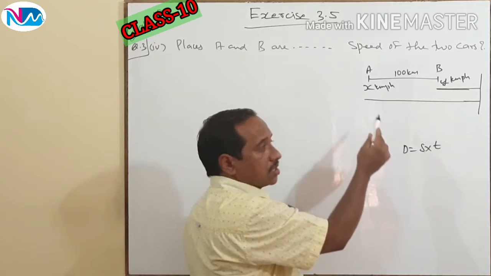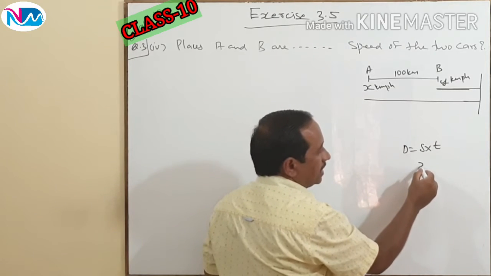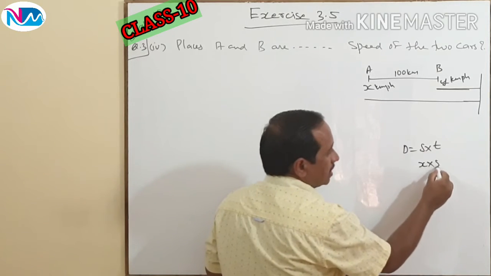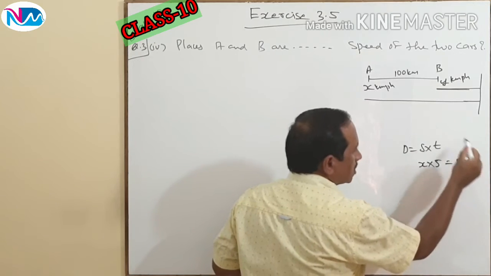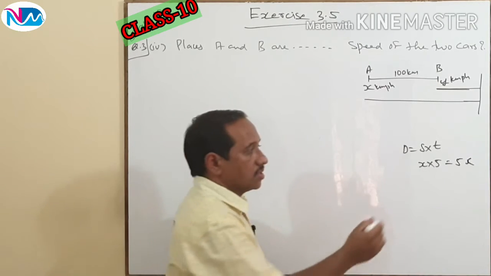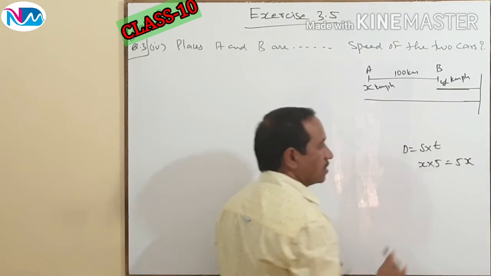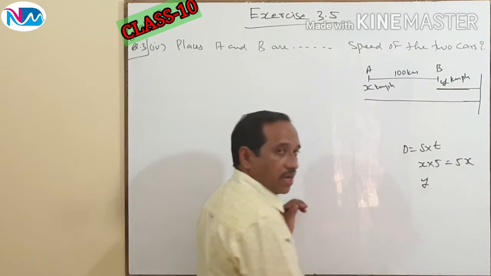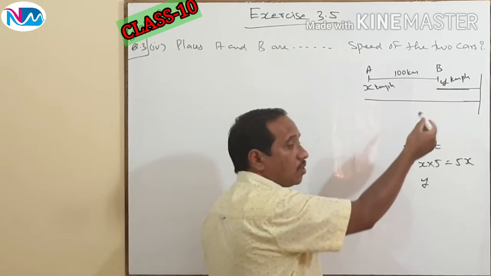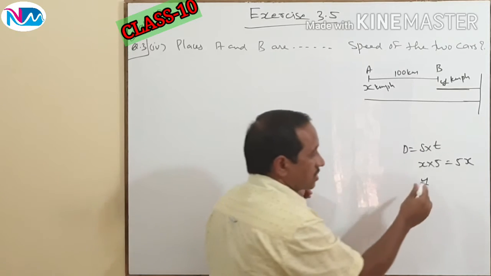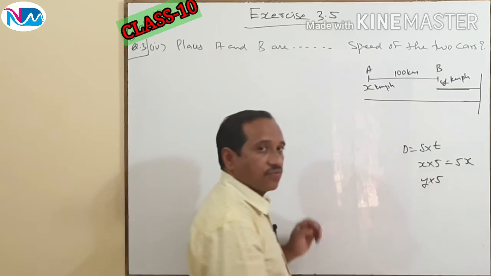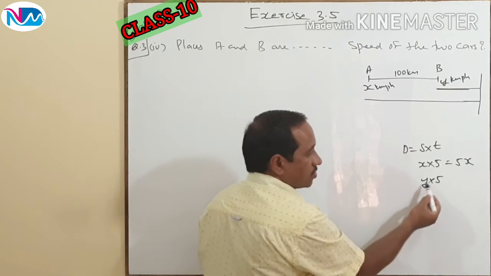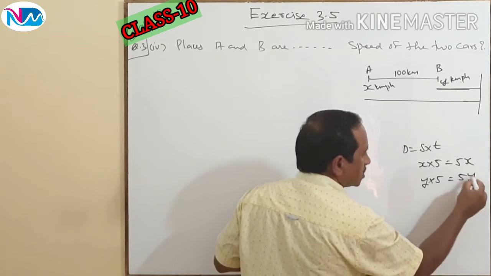So for the car from place A, speed is x and the time is 5. So the distance travelled is equal to 5x kilometers. And for the car from B, the speed is y, but the car from B also travels for 5 hours. So time is 5, so distance is y into 5, that is 5y.